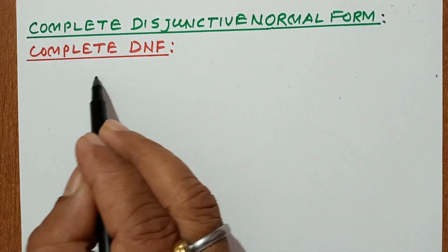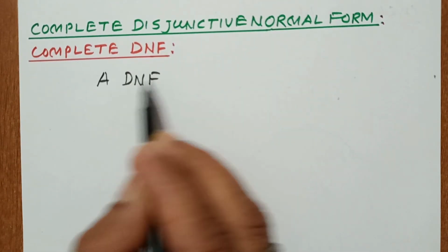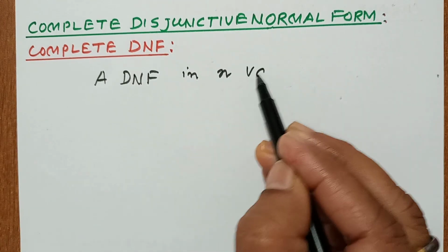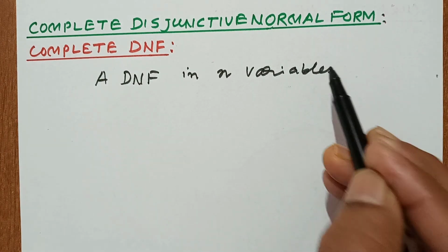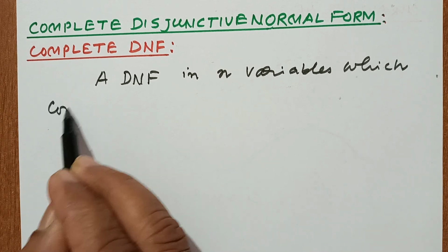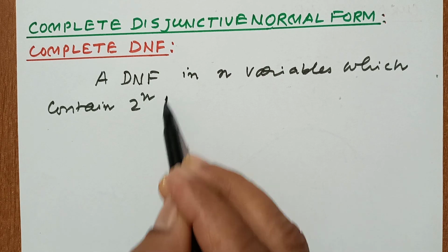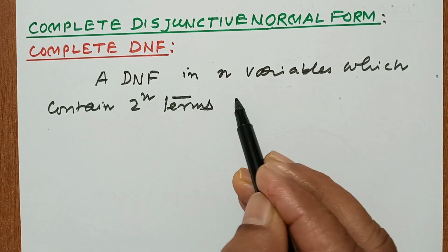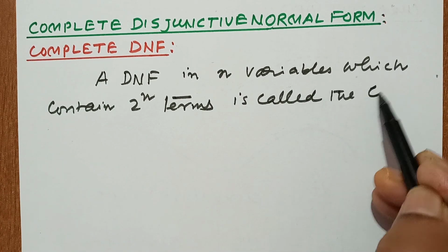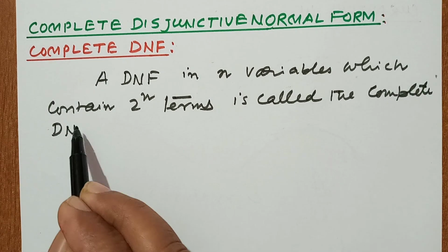Okay, so a disjunctive normal form, DNF, in n variables which contains 2 to the power n terms is called the complete disjunctive normal form.